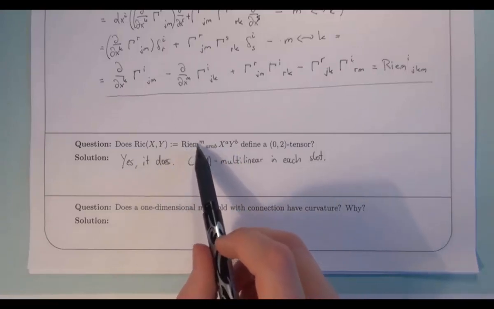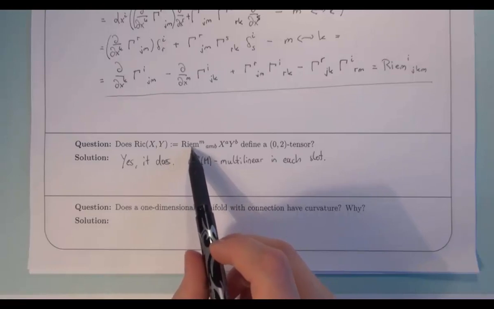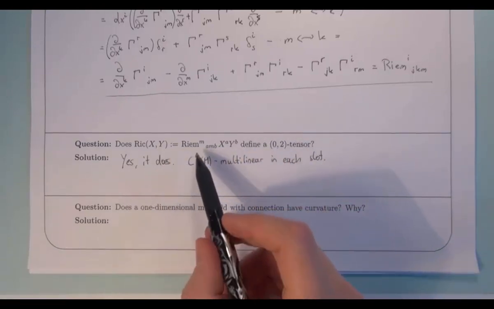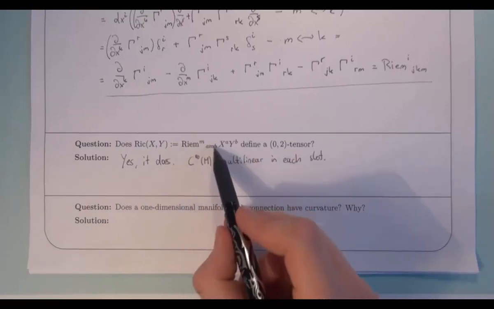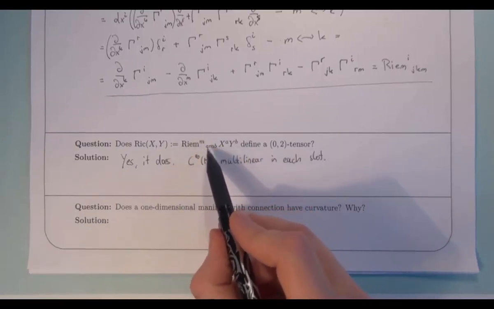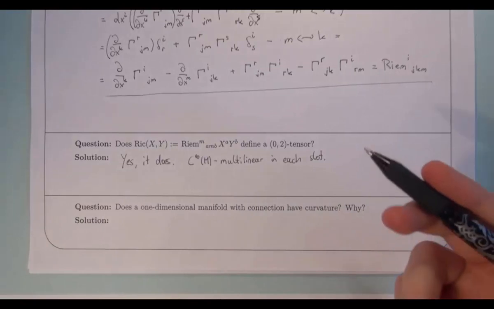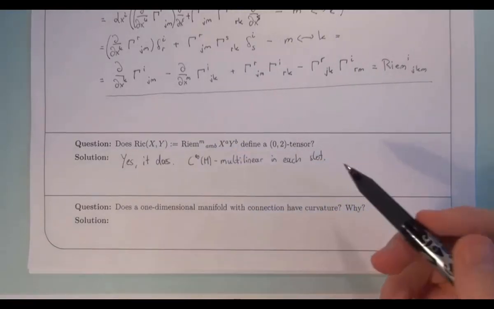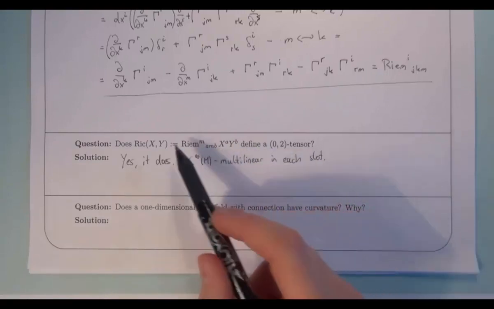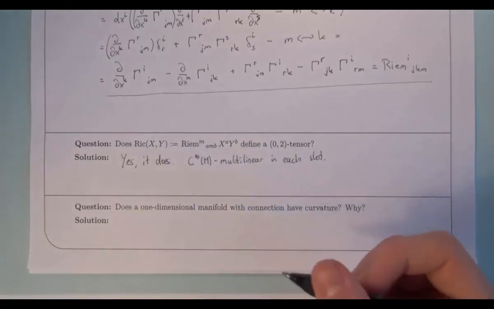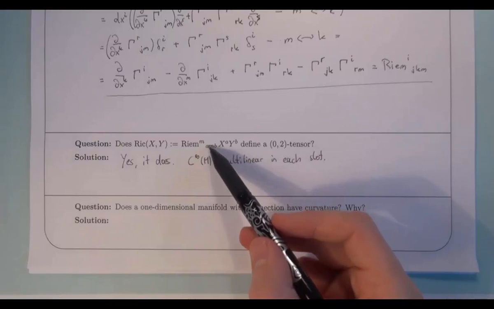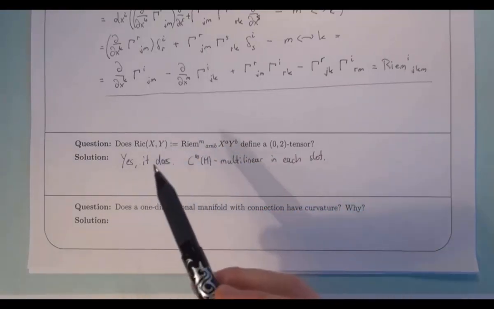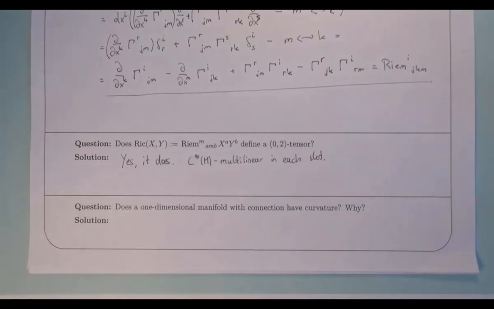And we know the Riemann curvature tensor is of course C infinity multilinear in each of its slots. We contract two of these slots, but of course in the remaining two slots it still is C infinity multilinear. So the Ricci tensor is a tensor because the Riemann tensor was one, and we define the Ricci tensor by the Riemann tensor.